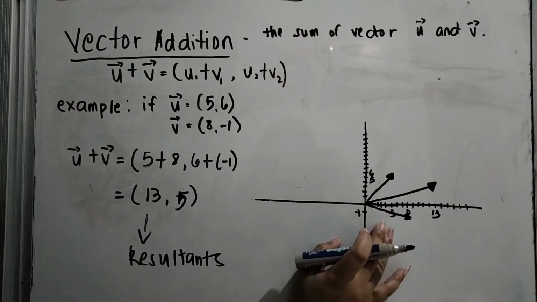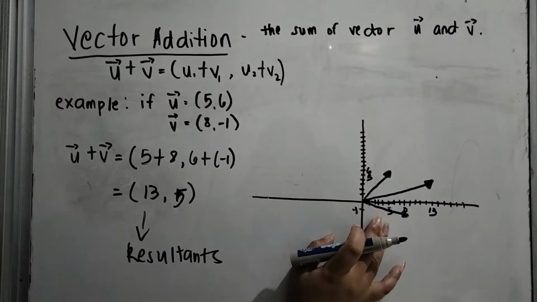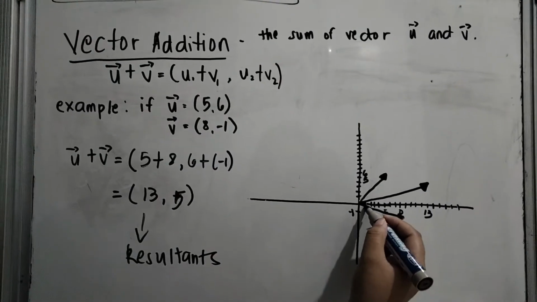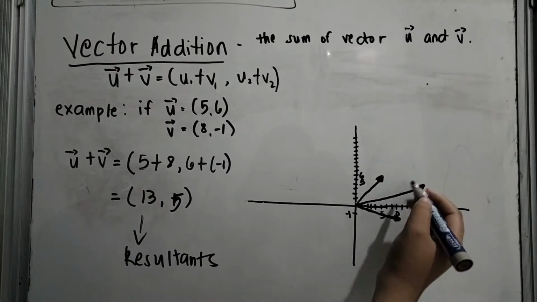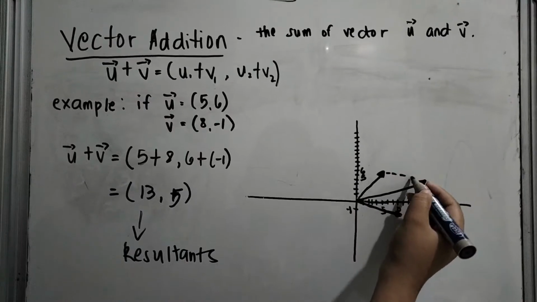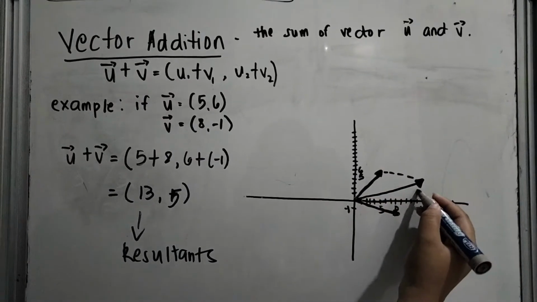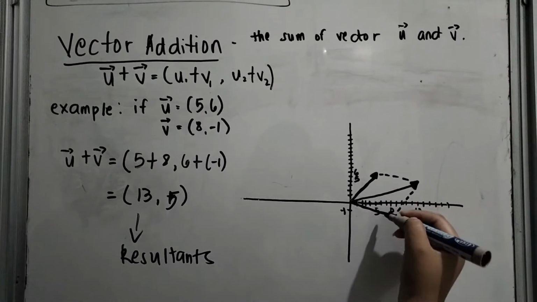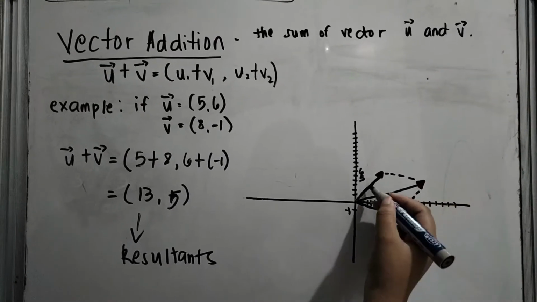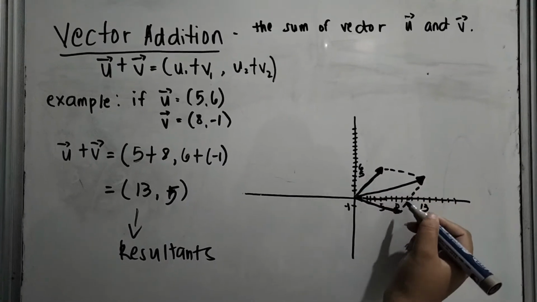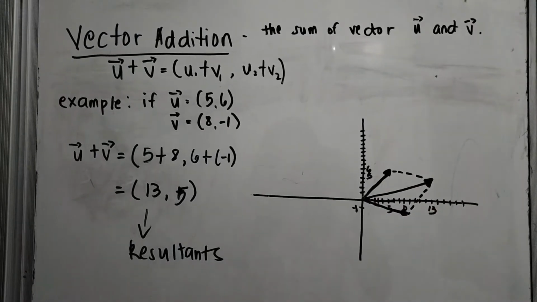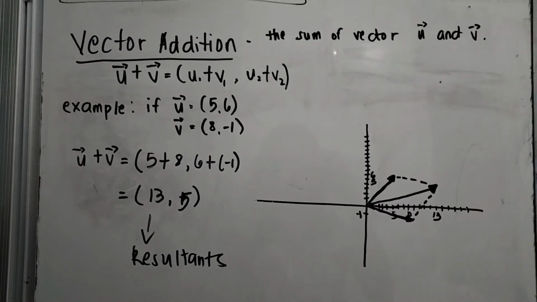This is a sample of diagonal. So, yung measurement nito is katumbas lang ng measurement dito. And yung measurement naman dito is katumbas lang ng measure dito. So, parallelogram sila and parallelogram naman ito. So, that is vector addition.